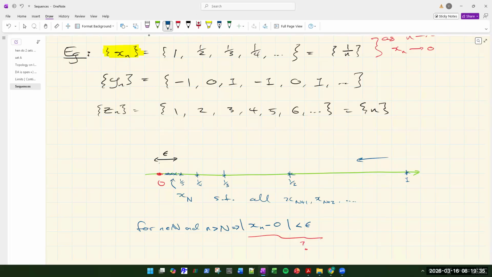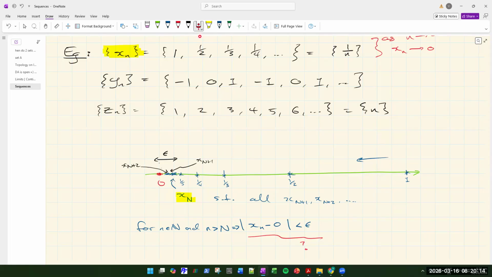Because if xN was over here, then here's xN plus 1, here's xN plus 2. So long as you take terms ahead of this particular value, x big N, the distance between those terms and this limit will be within epsilon.